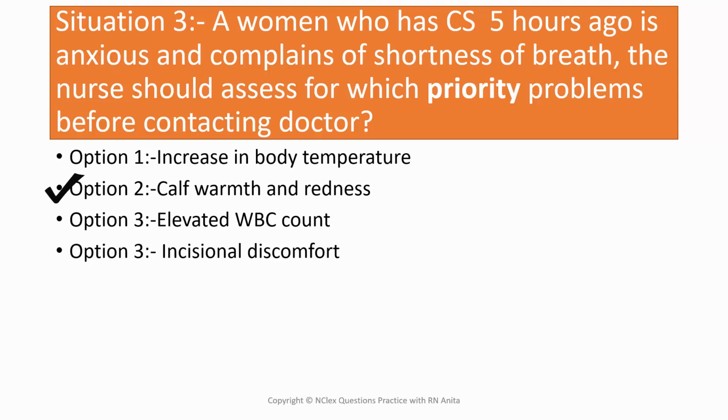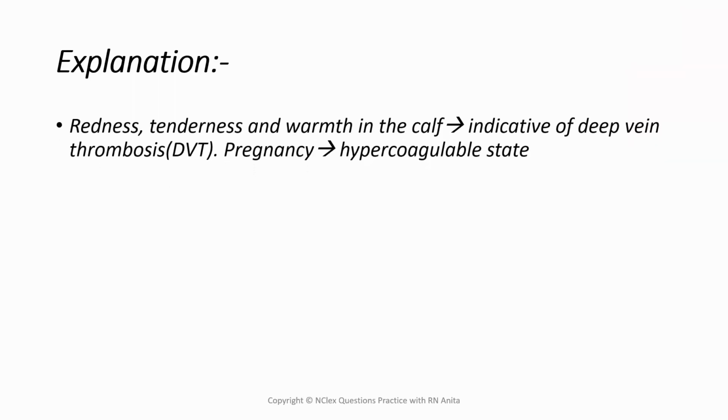So the correct answer is option 2, cough, warmth and redness. Why is this answer correct? Because redness, tenderness and warmth in the calf might be indicative of deep vein thrombosis. Pregnancy is a hypercoagulable state, so after the delivery, there is a high risk of developing deep vein thrombosis. And this deep vein thrombosis is responsible for causing pulmonary embolism.